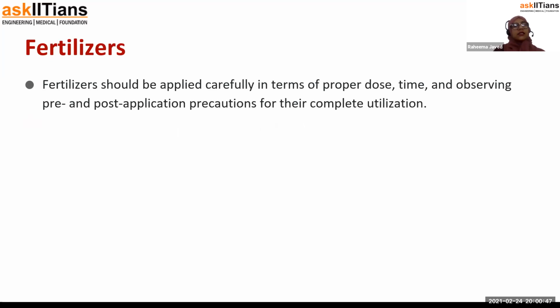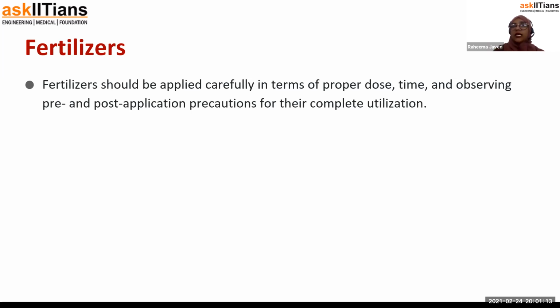Now, the next thing to improve the soil quality is by using fertilizers. Fertilizers are an artificial way. We are not using any natural things for the production of fertilizers. And fertilizers hold a very important role with respect to the green revolution in our country.